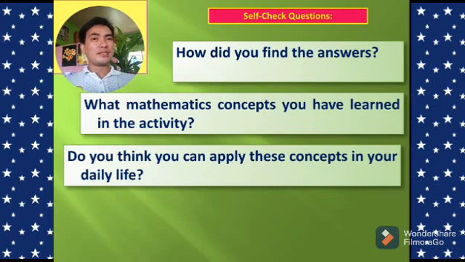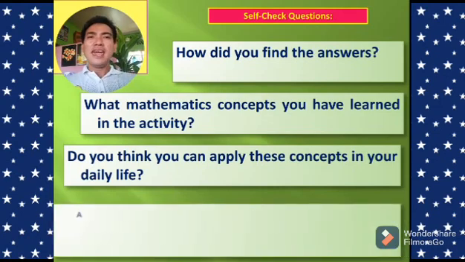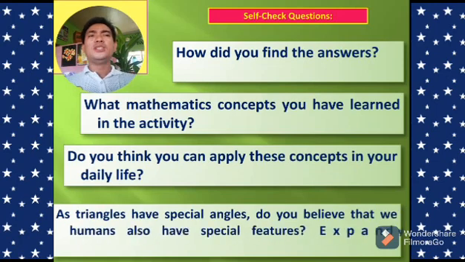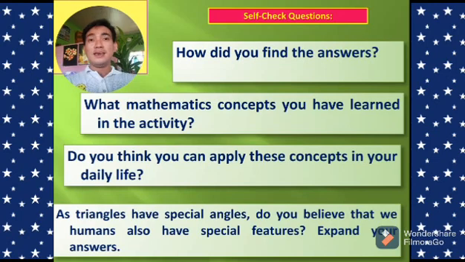Well, of course, yes. And as triangles have special angles, do you believe that we humans also have special features? Do you believe in that? Yes, of course. We humans are different and we are unique individuals. Yes, we are all unique.